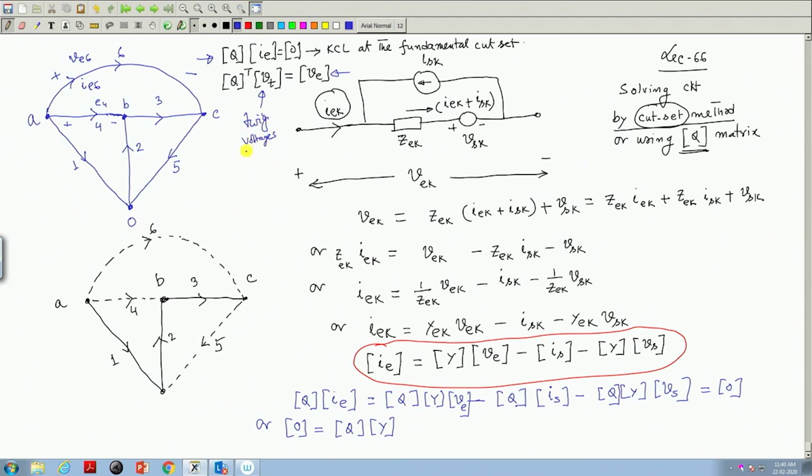If you know the twig voltages, all the other element voltages can be known, just as if you know the node voltages, the voltages of the other elements can be known.